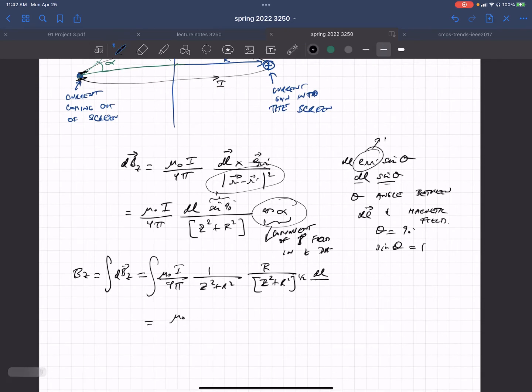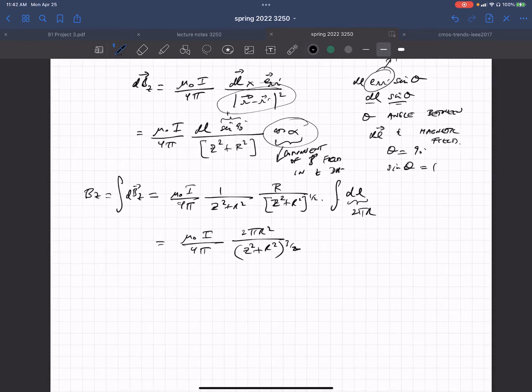So now I'm going to plug in everything. The only thing I'm integrating is dl, and this dl is going to be 2 pi r. So I'm going to end up with mu naught I over 4 pi, 2 pi r squared over z squared plus r squared to the 3/2.